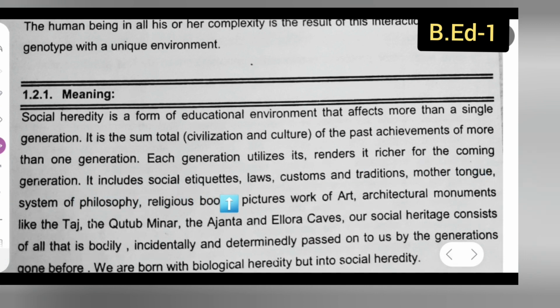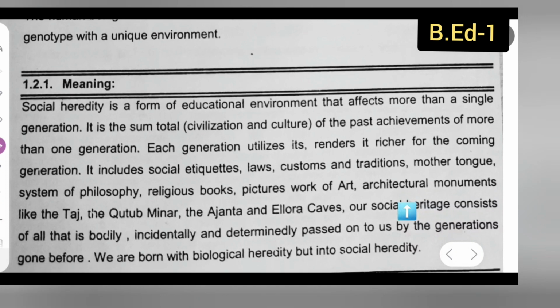It includes social etiquettes, laws, customs, and traditions, mother tongue, systems of psychology, philosophy, religious books, literature, works of art, and monuments like the Taj, the Qutb Minar, and Ajanta and Ellora caves.